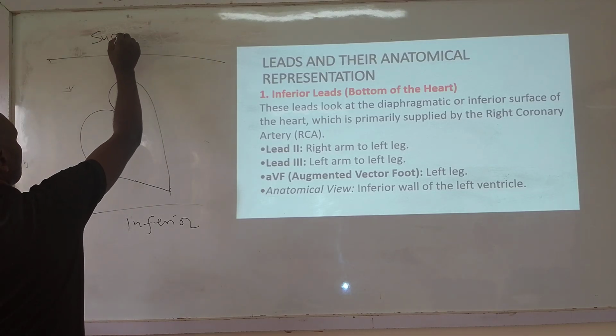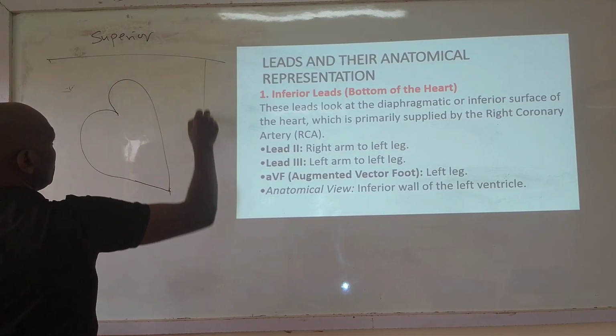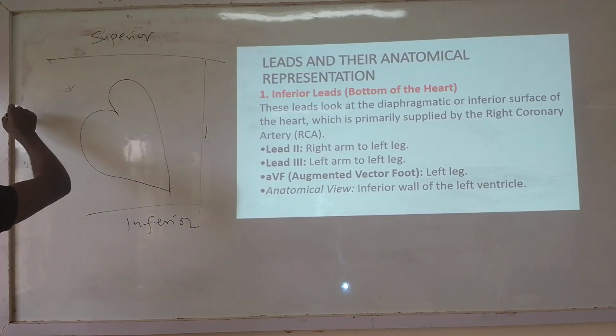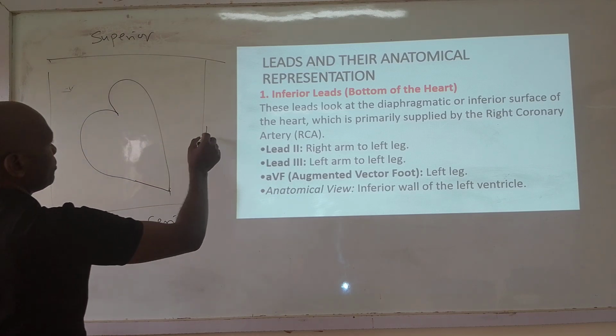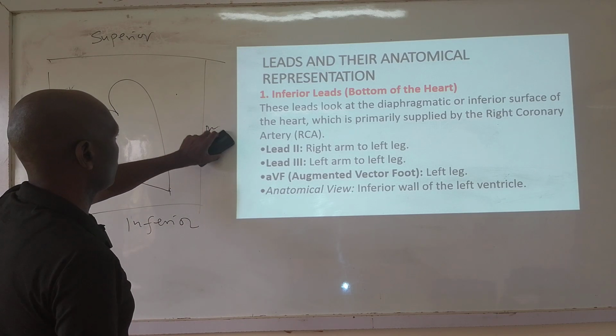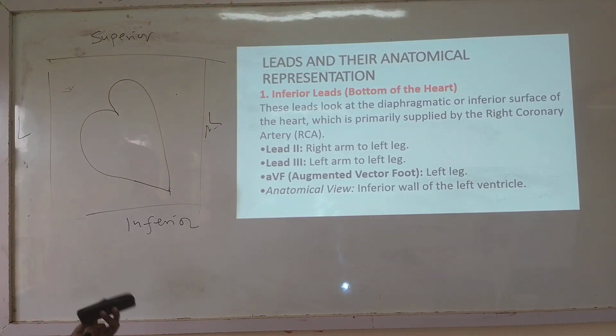This will be lateral, towards the outside. And maybe this is medial. But in relation to the heart, we sometimes just use lateral, so it is lateral right or lateral left, depending.